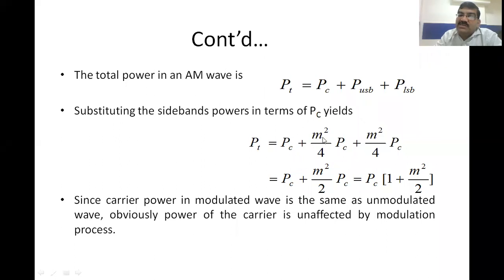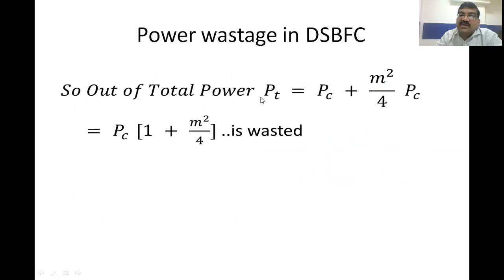So PC plus m square by 4 PC, this much is what we are wasting. Understood? So this is with reference to the single sideband suppressed carrier.